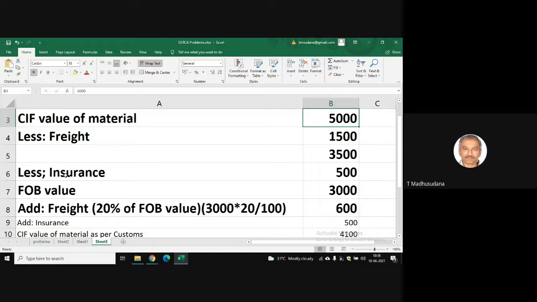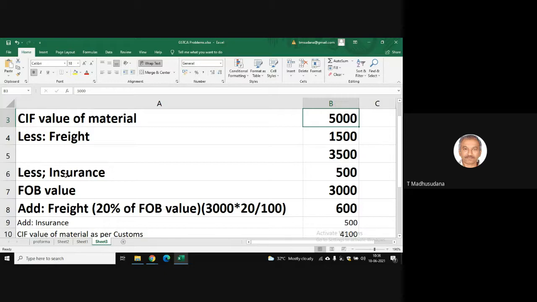That means if the exporter agreed to sell goods at CAF value, all the expenses will be paid by the exporter only. The importer does not have any responsibility to pay any tax. Okay, but the customs officers will not take the CAF value of the exporter. They have their own mechanism to calculate the CAF value of the material.